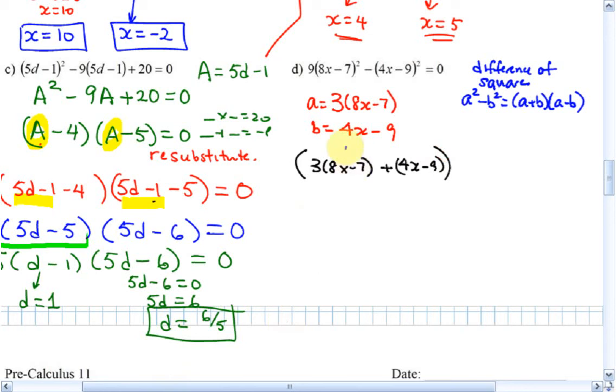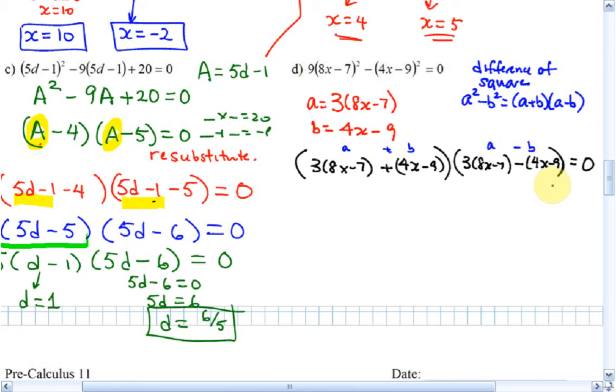Okay, so by the way, that's your a plus b. And then you have also your a minus b, so as your a, once again, 3 bracket 8x minus 7, minus b, so bracket 4x minus 9. Once again, this is your a minus b. And this equals 0. I'll give you a chance to copy this.